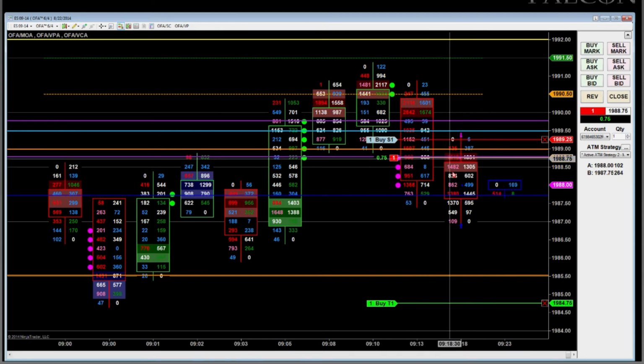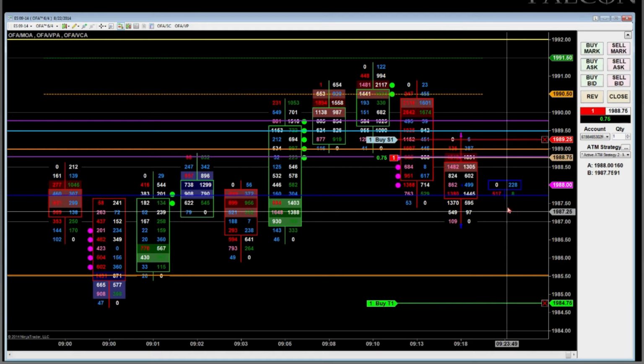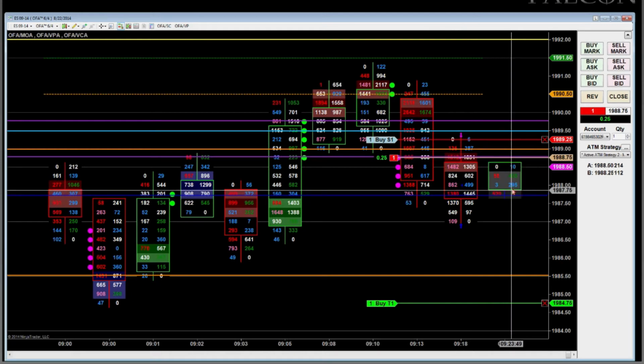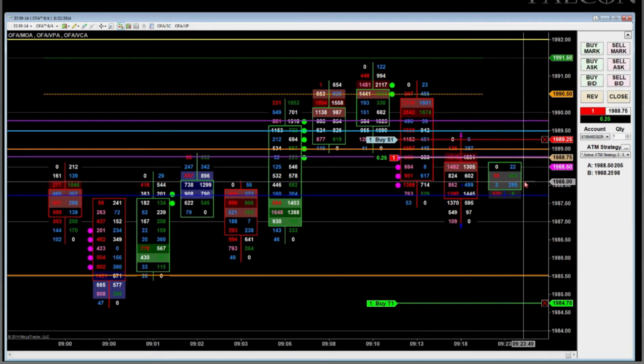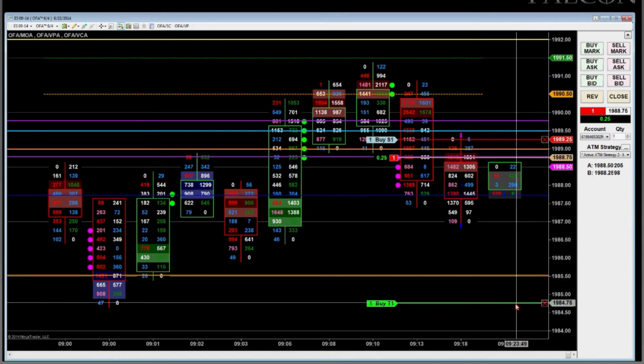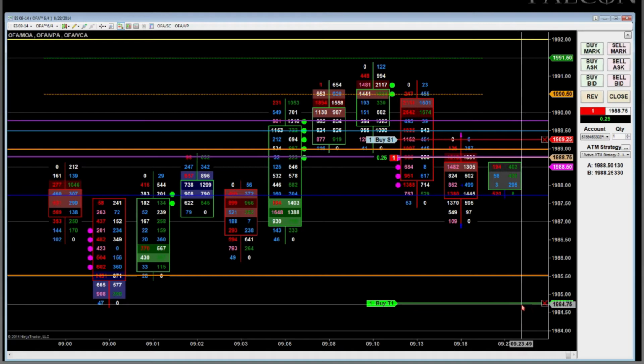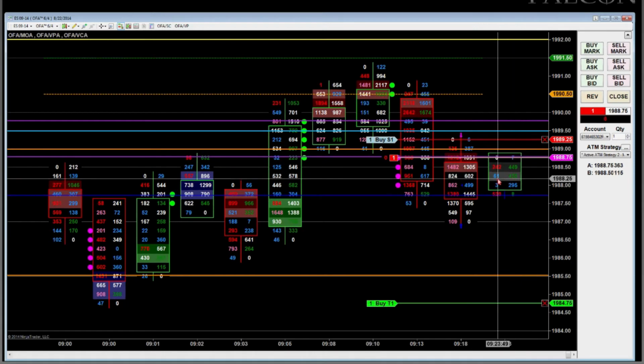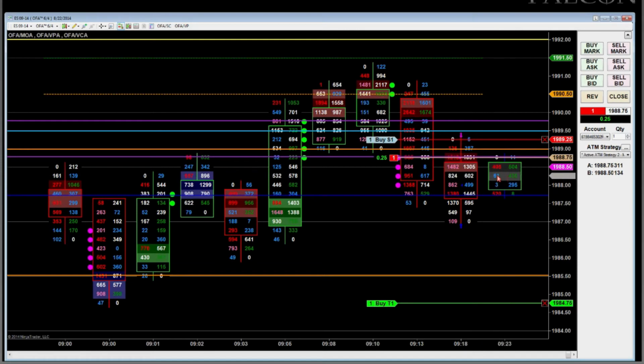So if after this push, buyers start holding and they start coming back, then it's very likely we're just going to see rotation, and it may take some time before we'll see this, if at all, see 84.75. What I don't like is now the sellers are letting up and they're beginning to relent. So I'm going to let the trade work, but I have no risk in the trade. And if it takes me out at 89.25, I've paid for the trade as well.